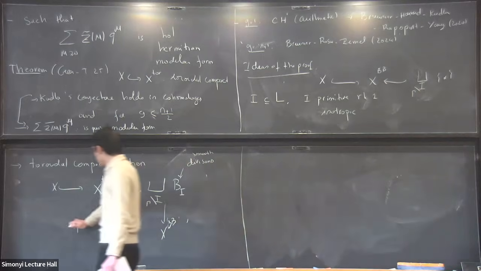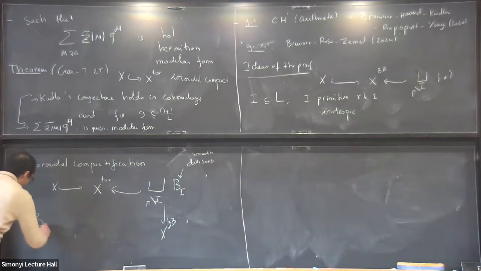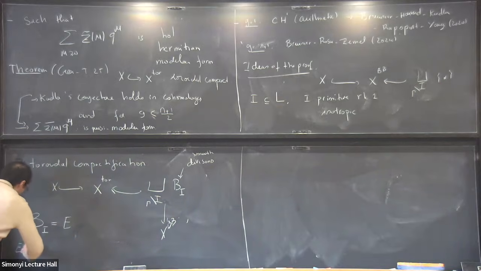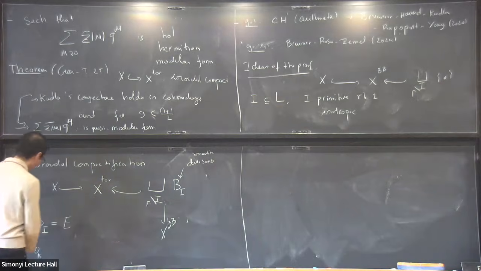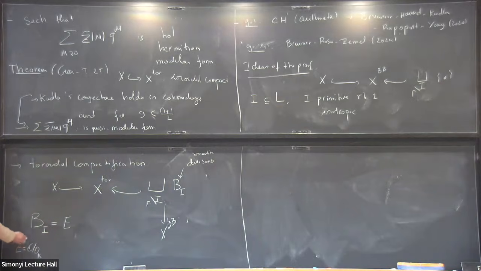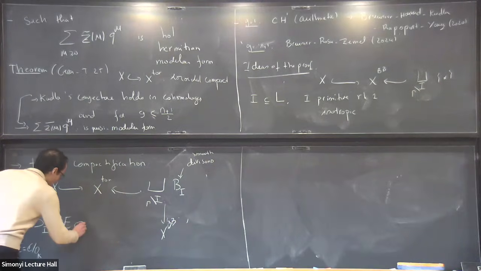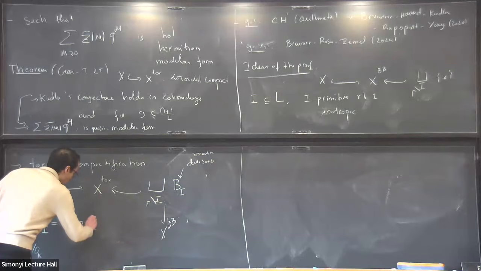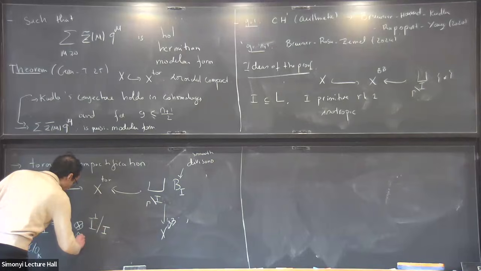And these B_I are also very simple to describe. If I call E a CM elliptic curve over OK, again using the fixed embedding of the number field into C, this is just the Serre tensor construction of E with I-perp mod I tensored over OK.